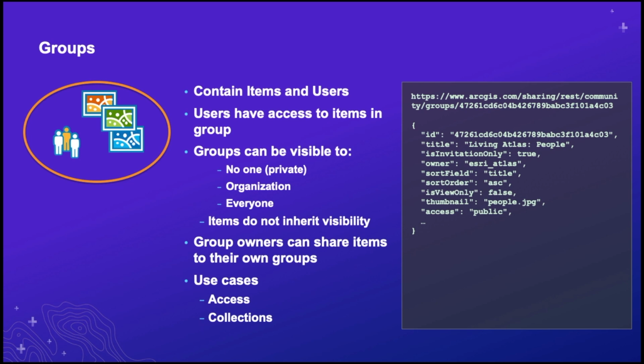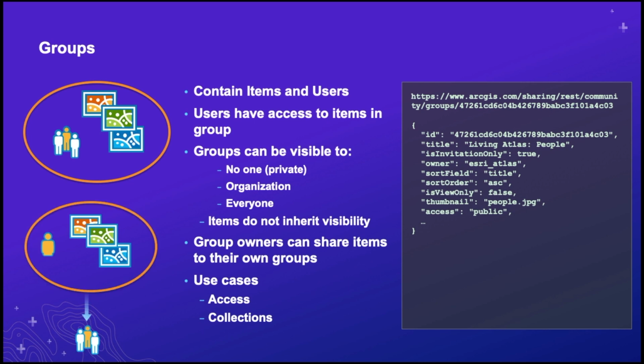So if you create a public group, but the owner who is sharing their information to that group does not make it public, then someone anonymously seeing that group will not be able to see any of the items which are not also shared to the public. Something to understand. So the control, as I said, is to the owner of the group.